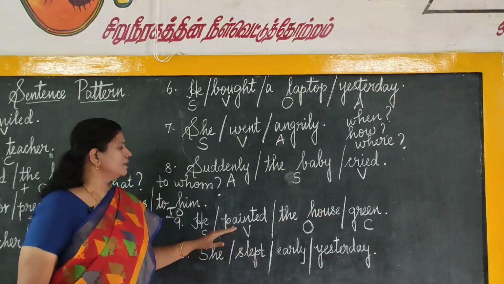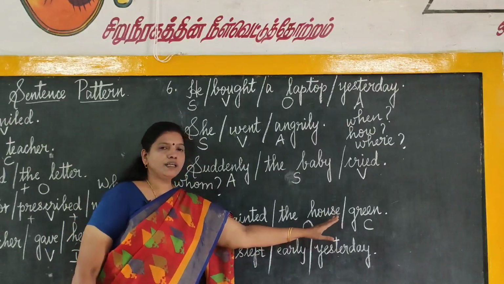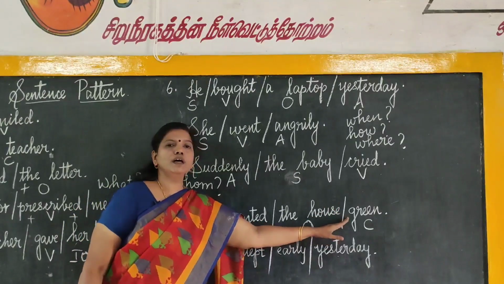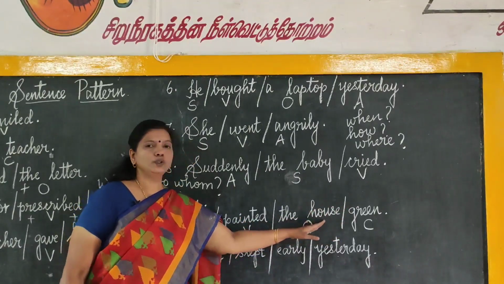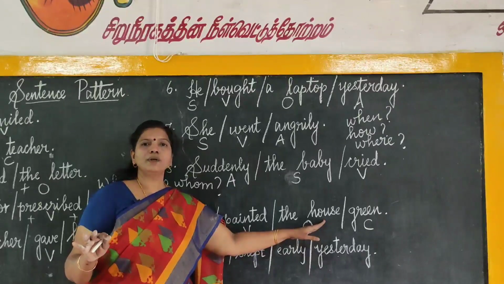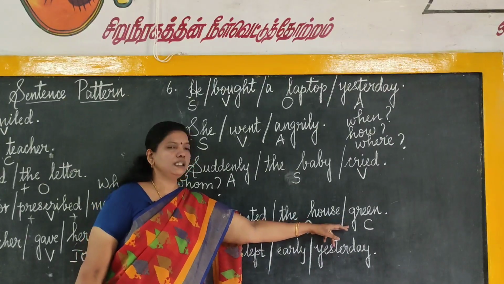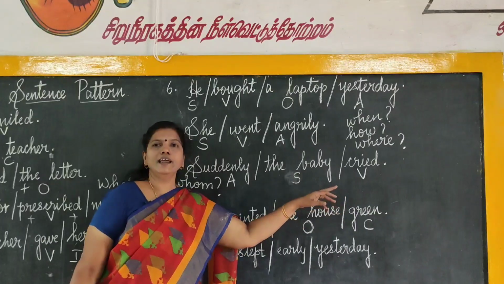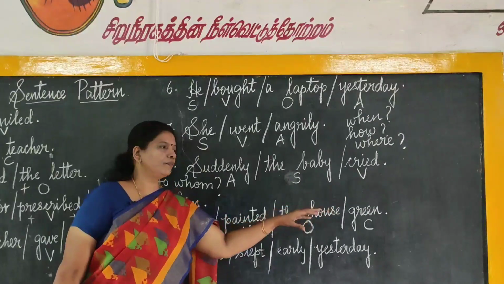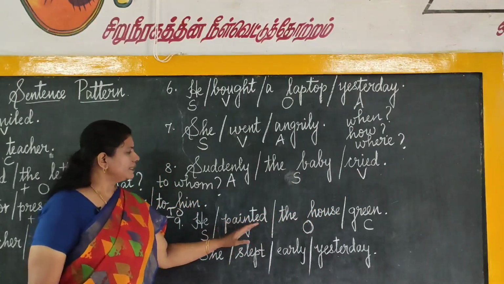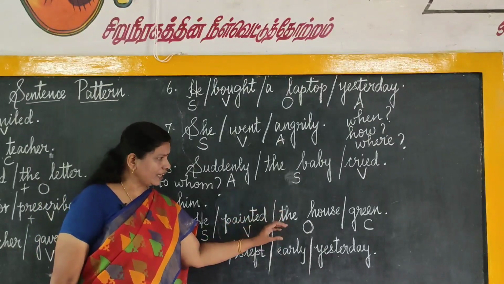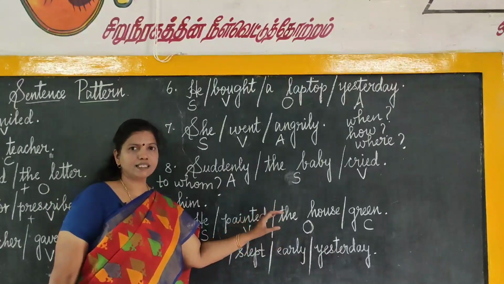In this sentence, sometimes the children will ask, even if we remove the word green, he painted the house, then the sentence is complete now. So why do we put C here? Why can't it be A? Students used to argue like that. It's not like that. We are talking about the given sentence.